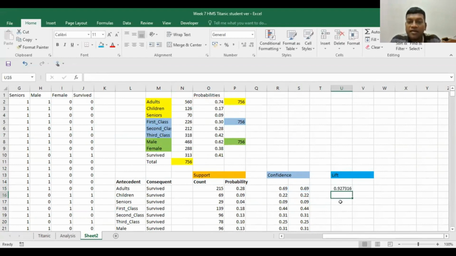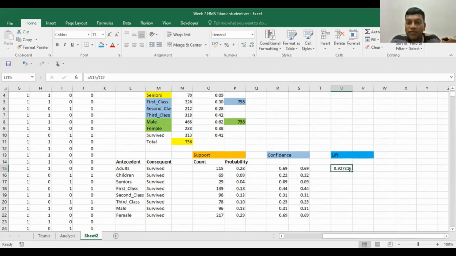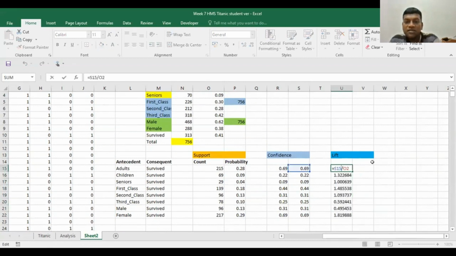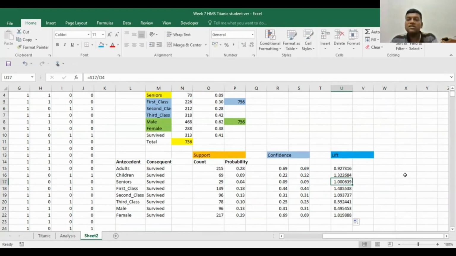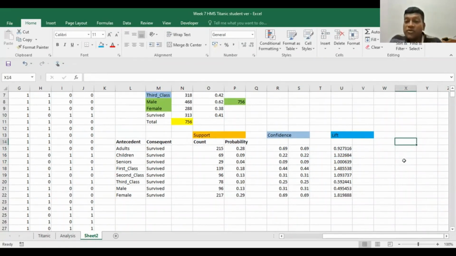Pretty high, but we are looking for a value above 1. I don't have to lock anything because I can simply drag this formula down. If you look at this, it is dividing 0.69 by 0.74, which is the value for adults. This formula picks down 0.09, dividing it by seniors, 0.09, and so on. So here we're looking for a lift value greater than 1.